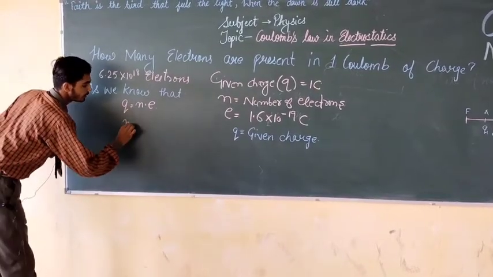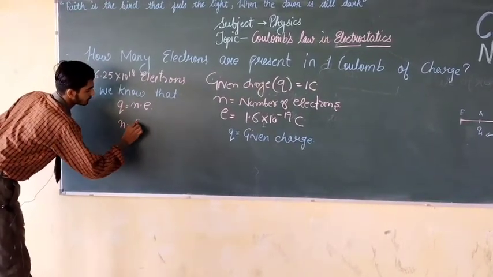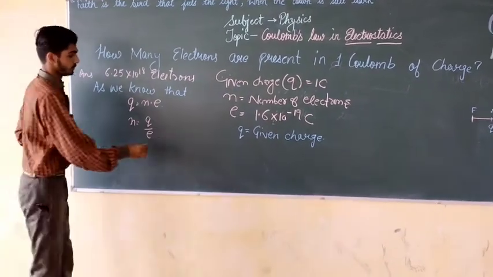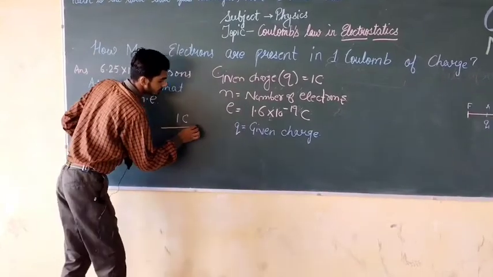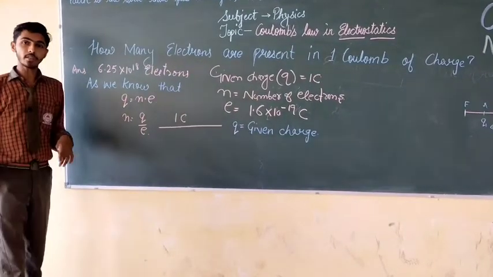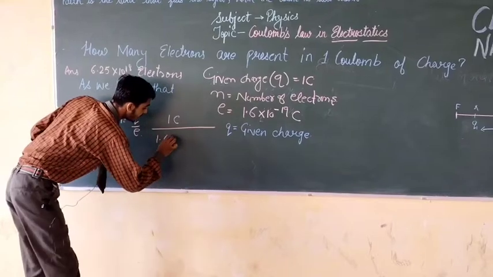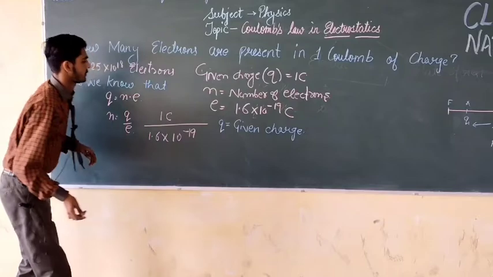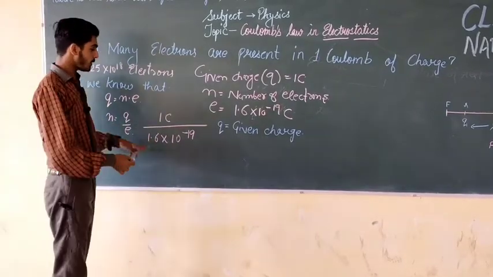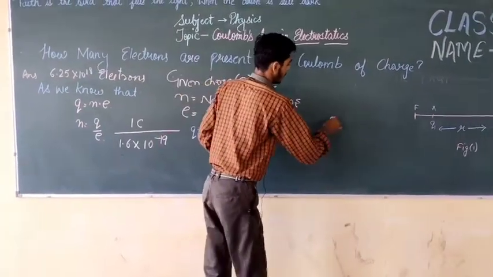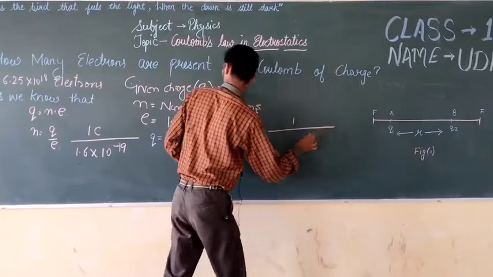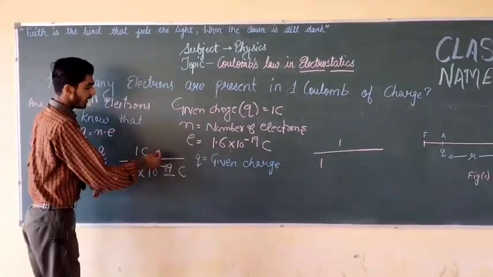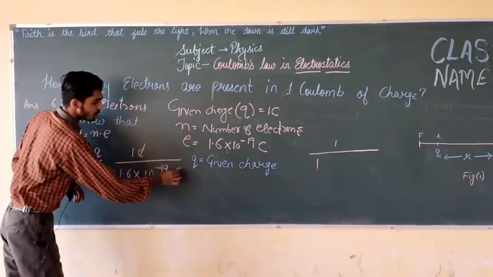From there, we have charge 1 coulomb and charge on electron 1.6 into 10 raised to minus 19 coulomb. So we will simplify it. It is 1 by 1.6 into 10 raised to power minus 19, and coulomb cancels out with coulomb.